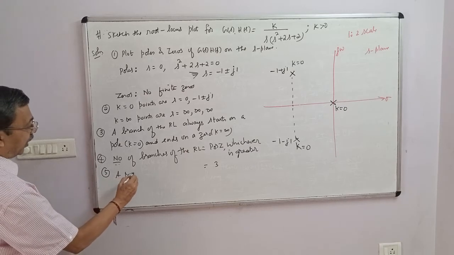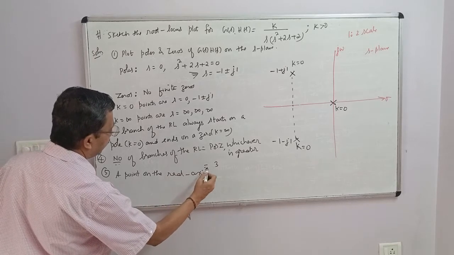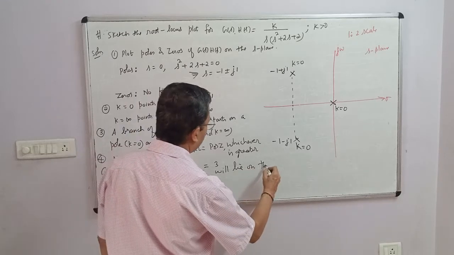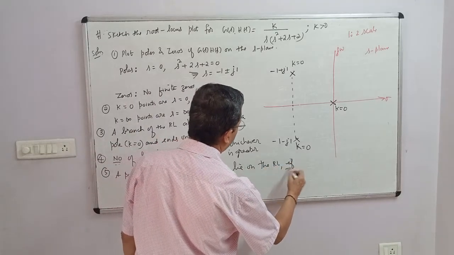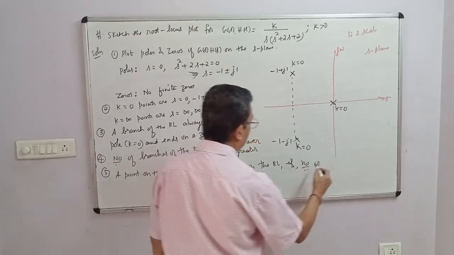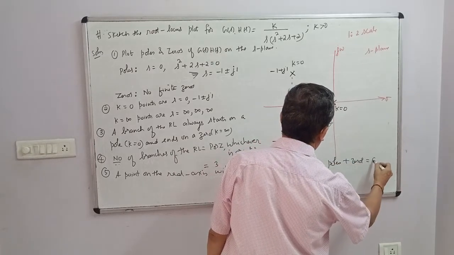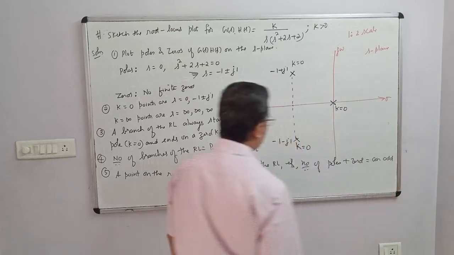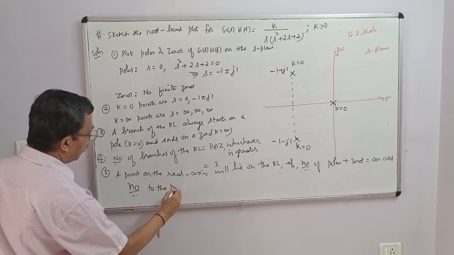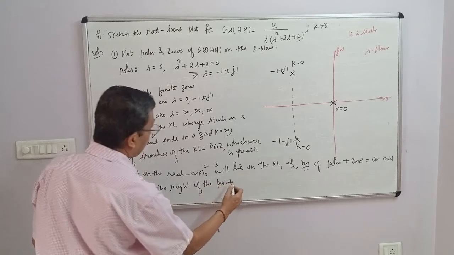A point on the real axis will lie on the root locus if the number of poles plus zeros equals an odd number to the right of the point considered.